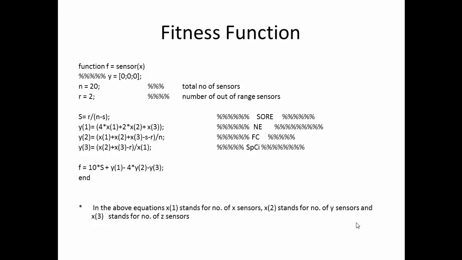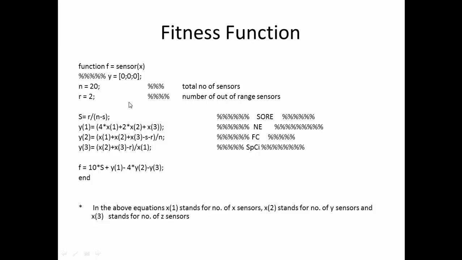Here's the code for my fitness function. In this code, the total number of sensors is represented by n, and I assume that my network contains 20 nodes in total, and the number of out of range sensors, I just have given it a static value of 2.